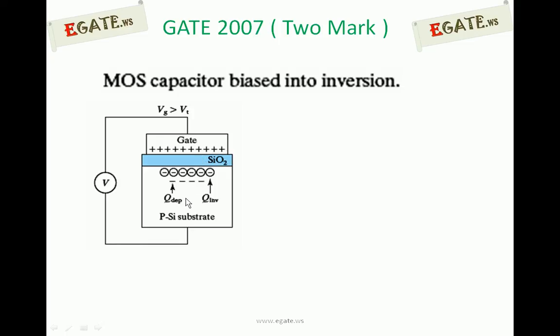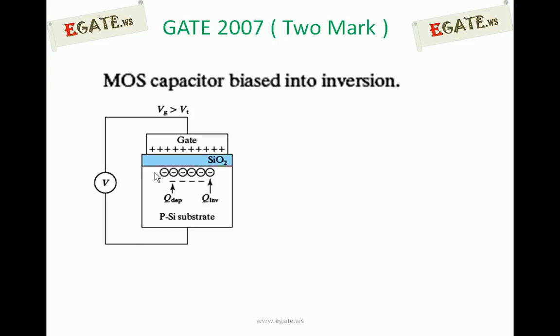Out of that large negative charge, a few recombine with the holes present in the channel, so that a depletion region is formed. As we discussed, the remaining negative charge carriers are attracted towards the silicon dioxide, and they stay in the channel region, and that negative charge acts as a channel. Now the channel consists of negative charge carriers, that is, electrons.